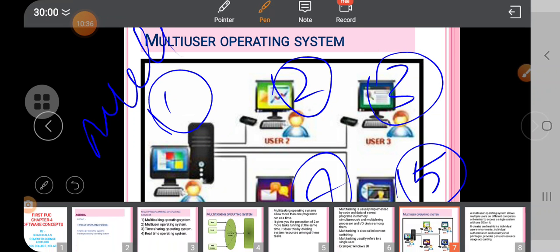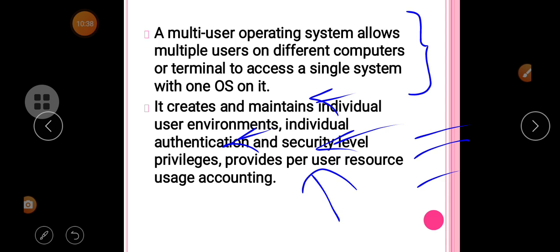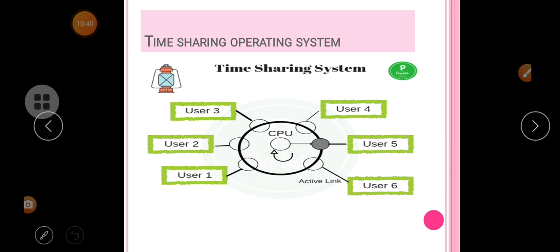Next we'll move on to the time sharing operating system. In a time sharing operating system you have many users, and the users are using the same CPU time. See here, the CPU time used is the same.